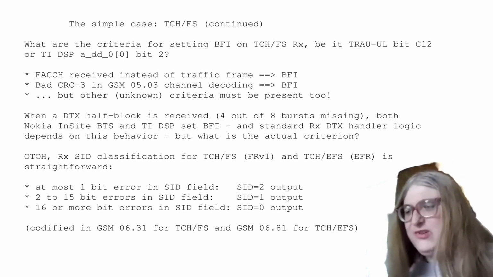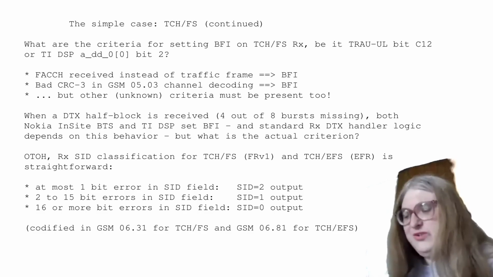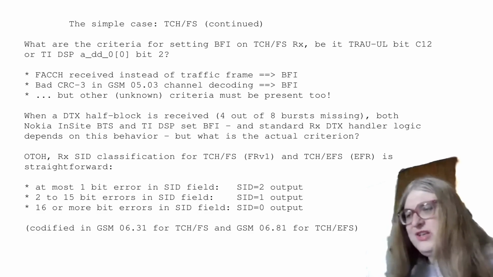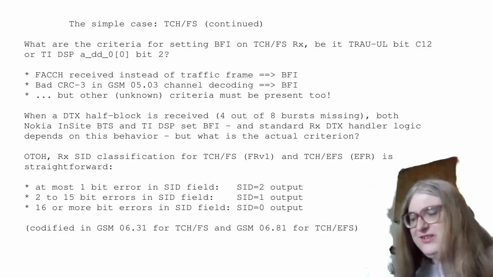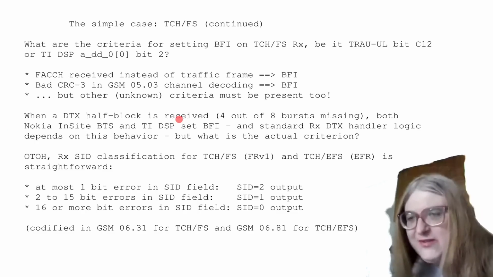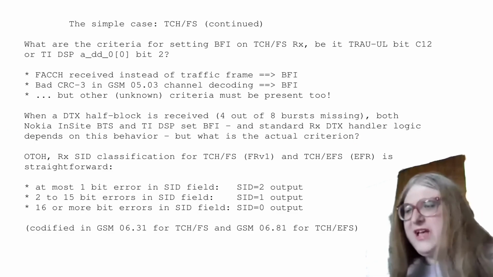And what the Calypso receives is in the frame that was meant to be transmitted, it receives the good SID frame, but then in the preceding position and the following position, it receives bits that look like a SID, but the BFI flag is set. So we know it sets the BFI flag when it gets this half block.